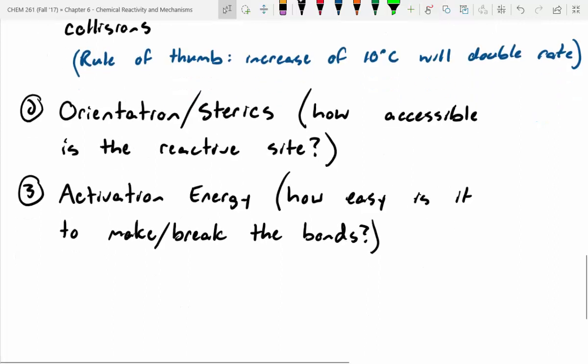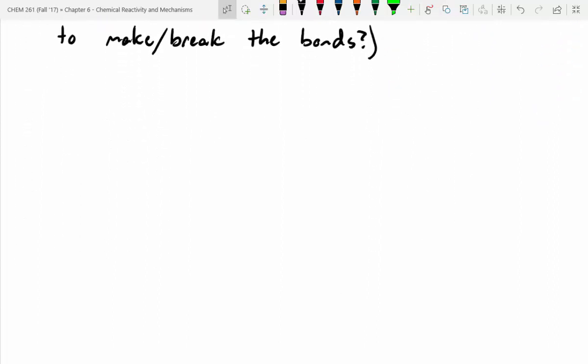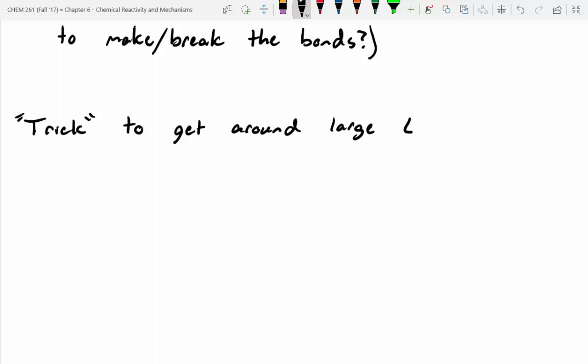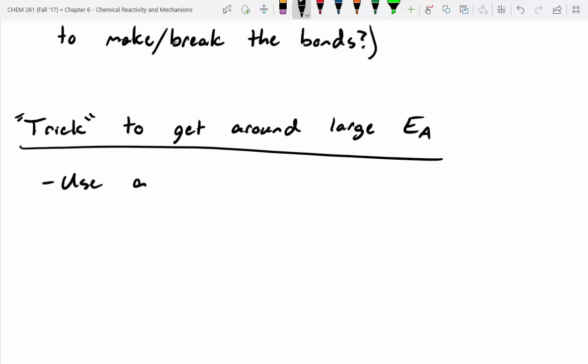You guys remember talking about those? So I'll call this a trick to get around large EAs. And this is: use a catalyst.